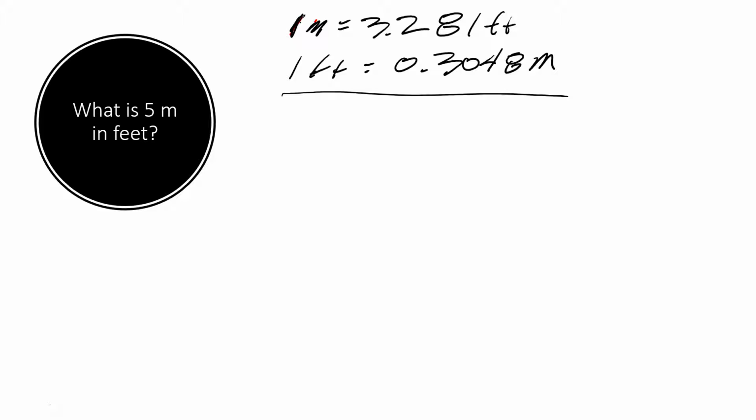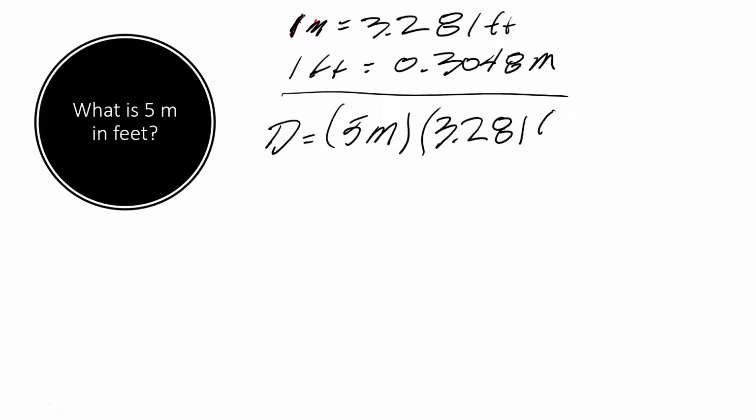All right, so we have a distance. I'm going to say D equals 5 meters. Put that in parentheses. And now we'll use this first conversion factor, 3.281 feet per meter. So I'm going to say times 3.281 feet per meter.